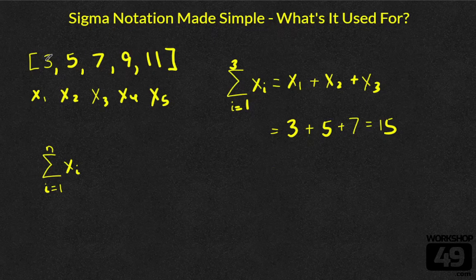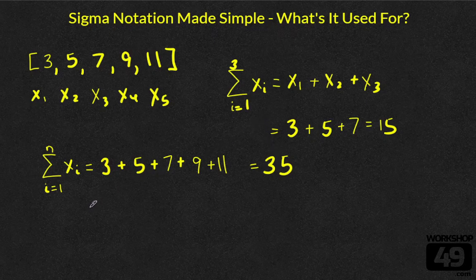You may not know what the total length of that list is until you start the question, but this equation just means add up every number in the list. You start with i equals 1 and go to the very last number. So it will be 3 plus 5 plus 7 plus 9 plus 11, and we can add all of those up, and it's going to equal 35.